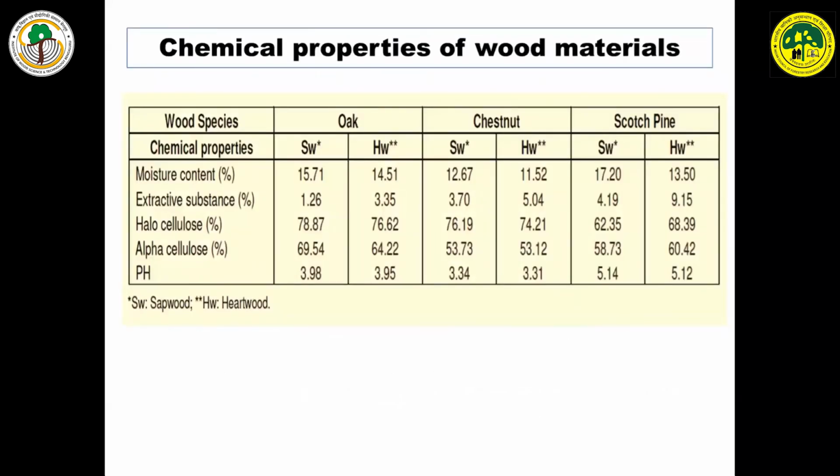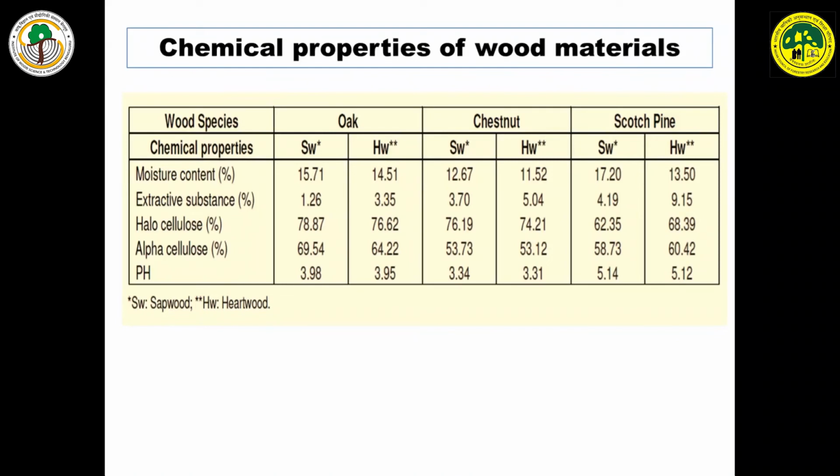statistically significantly different. Now we may wonder whether there is any chemical difference between heartwood and sapwood. This has also been seen: not much significant difference was found in the chemical composition, except the extractive substances. We can see in the case of oak, 1.26 percent, whereas heartwood contains a higher amount of extractives, 3.35.